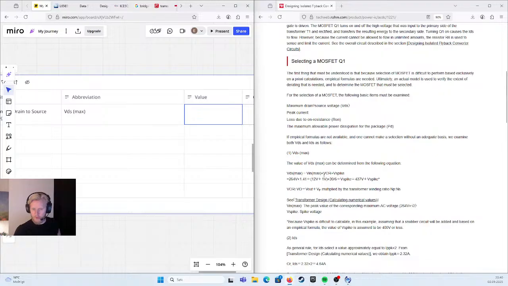And the value should be the V in max plus the V_R, which is the reflected voltage, then the V spike, and then put an apostrophe there.